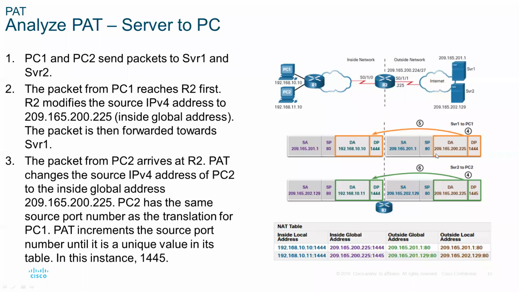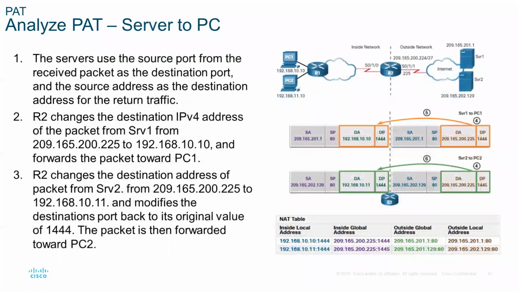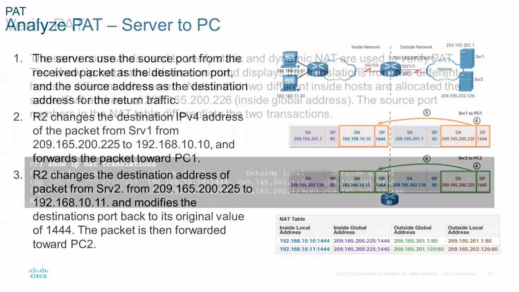So this is our inside global, and as it comes in, it gets translated, and our inside local is applied to the headers and is forwarded to the specific device. And that's all. Lots of text to give you the same words.